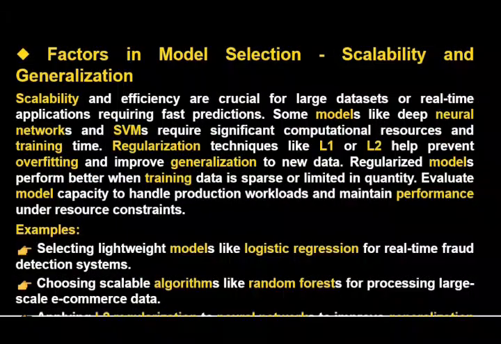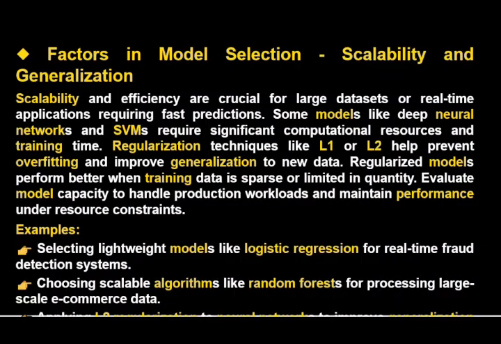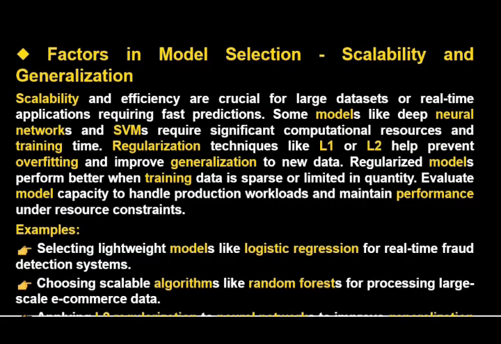The next one, factors in model selection: scalability and generalization. Scalability and generalization are critical for real-world aspects. Scalability refers to the ability to handle large data sets and make fast predictions. Generalization refers to performance on unseen data.